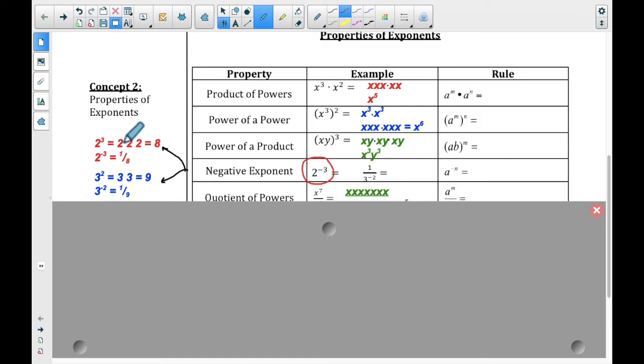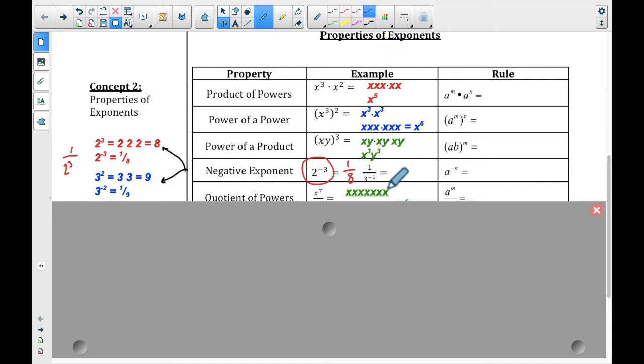Well, 2 to the third is 2 times 2 times 2, which is 8. But when we have a negative power, we have to flip it upside down. So 2 to the negative third is actually another way you could say that would be 1 over 2 to the third, and that's going to be 1 over 2 times 2 times 2, and that's 1 over 8. So 2 to the negative third is 1 over 8.